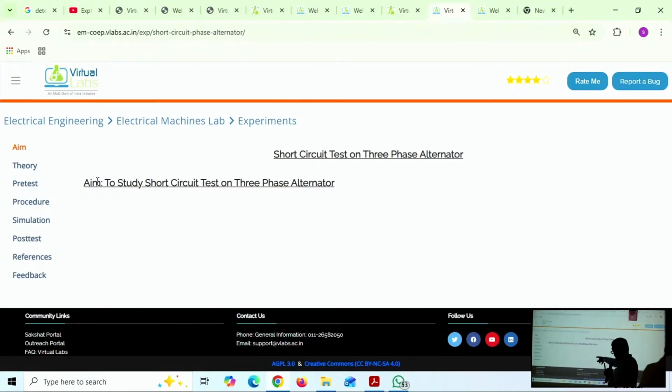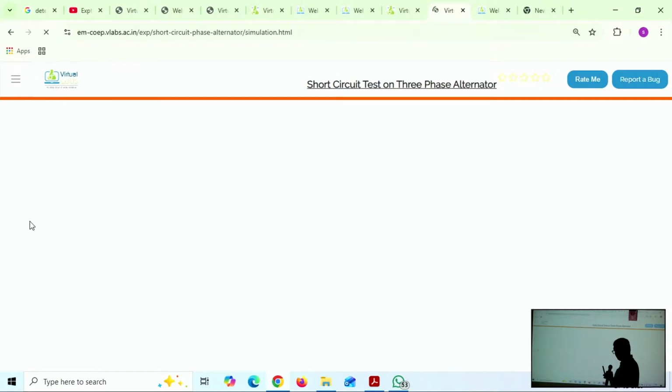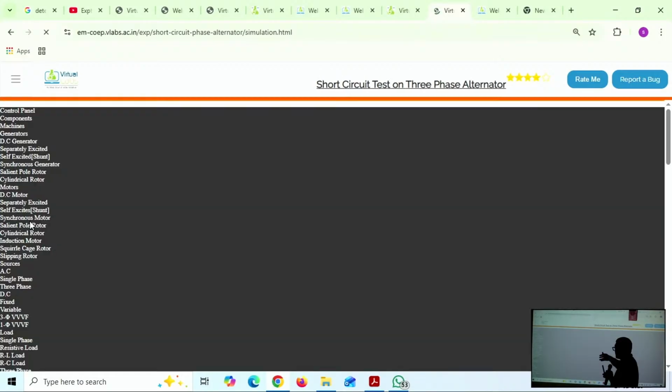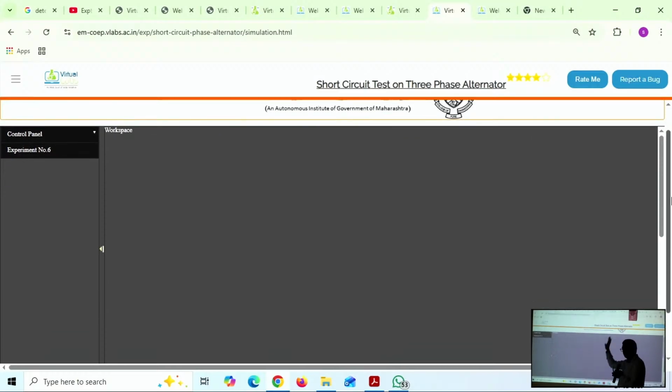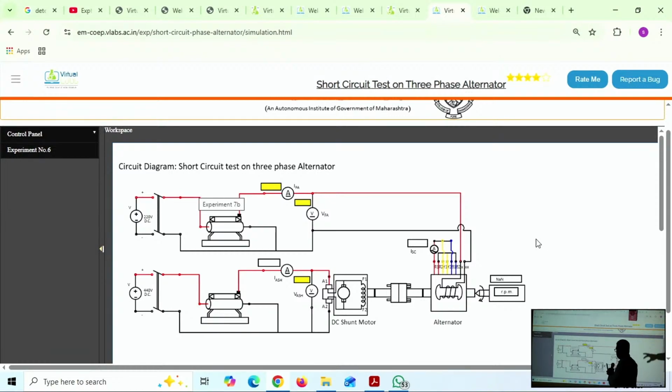Okay, directly go for simulation. Here also, for each and every test experiment they give some pre-test questions. Same one experiment, all are similar. So we are discussing deeply. Here you can observe this. This is the ammeter connected from R this way.